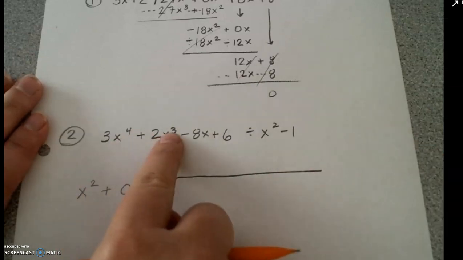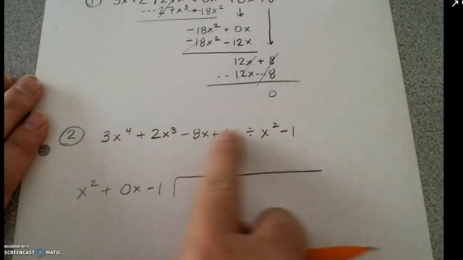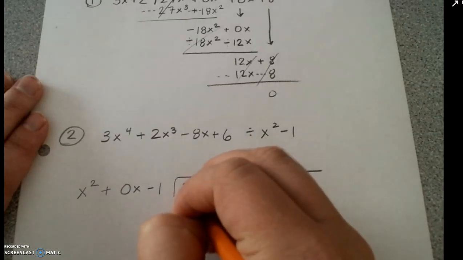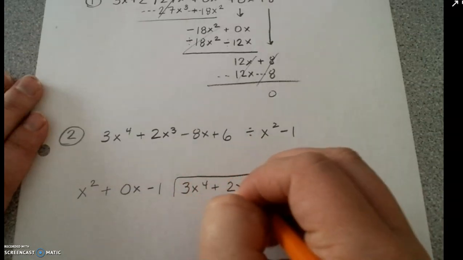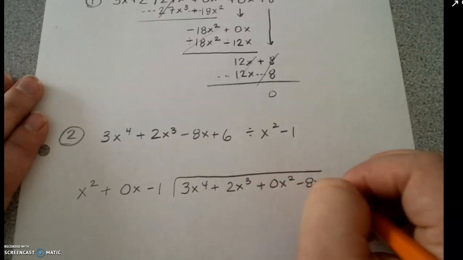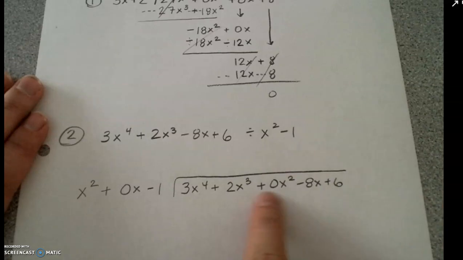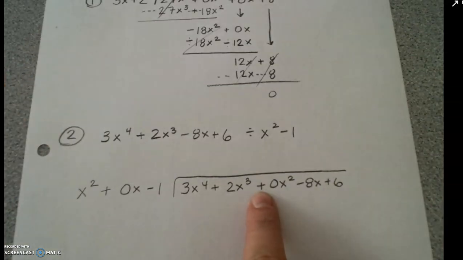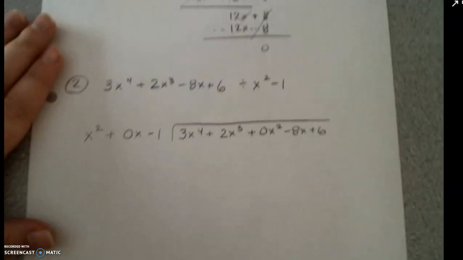And here I have 4, 3, no 2, 1 constant. So I'm going to have to put in a placeholder for my second degree as well. Sometimes I get the question of, is it a plus or minus? It doesn't matter either way because 0 is neutral. But a plus is easier to think about in my brain. So I always use a plus for my placeholders.